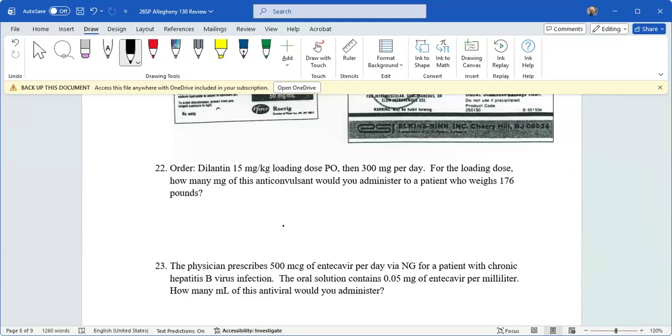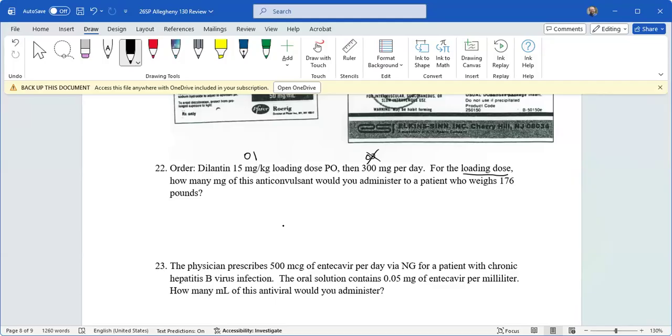Then they're going to get 300 milligrams per day. The question asks for the loading dose. So there are technically two orders here: this is order 1 and this is order 2, and we don't care about order 2 because it only wants the loading dose.